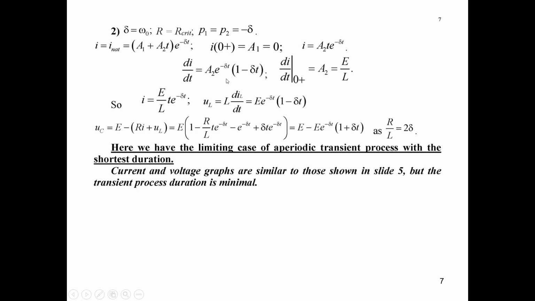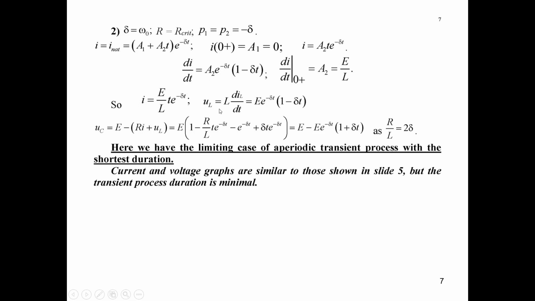At t equal to 0 this item will vanish, and we will have only this item, and it will be just A2, because the exponential function at t equal to 0 equals 1. So A2 equals E over L, and we can write down i equals E over L multiplied by t multiplied by e to the minus delta t.